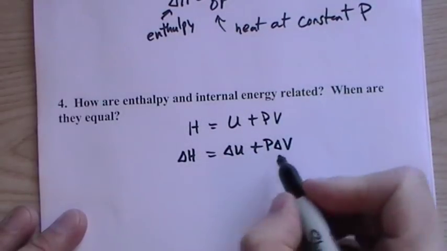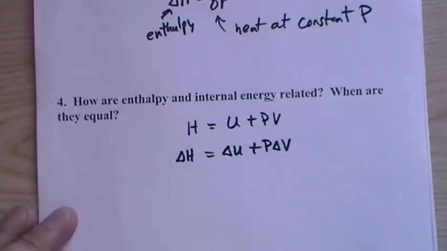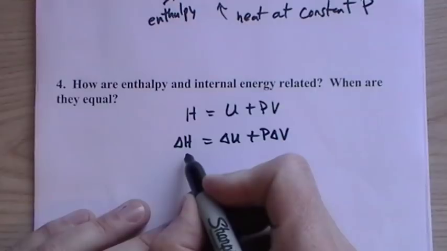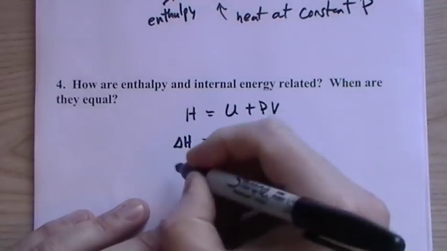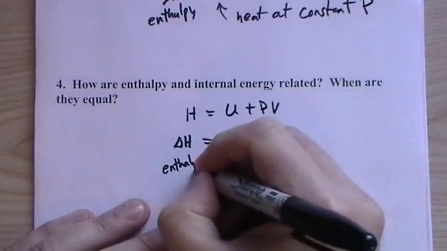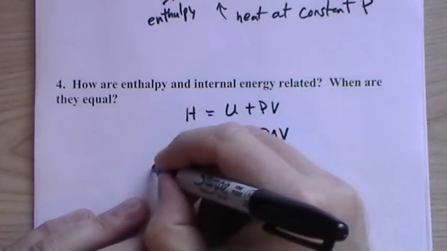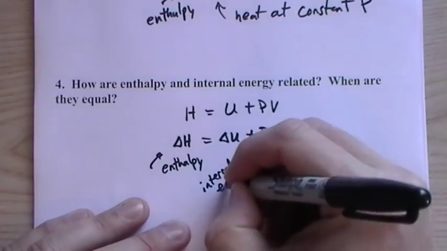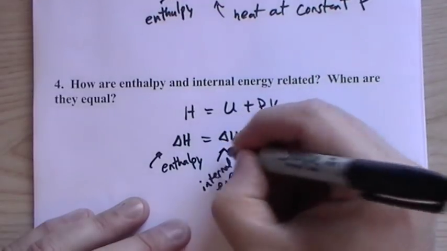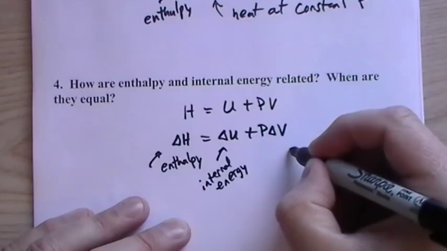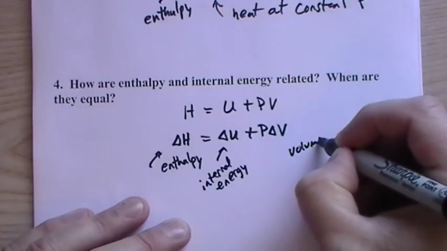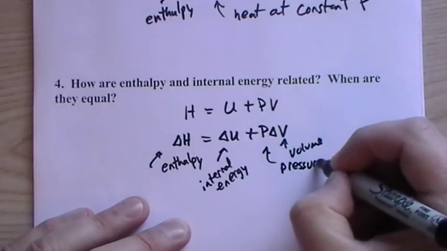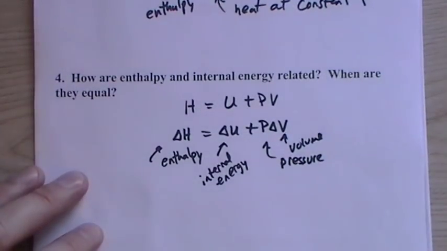So if we keep pressure constant, which is generally what we do in a lab setting, then the change in enthalpy is equal to the change in internal energy, plus the pressure, which is kept constant, times the change in volume. So that is the relationship between them.